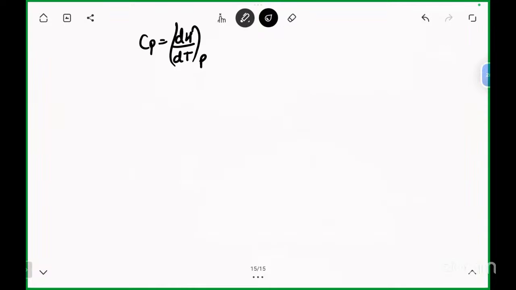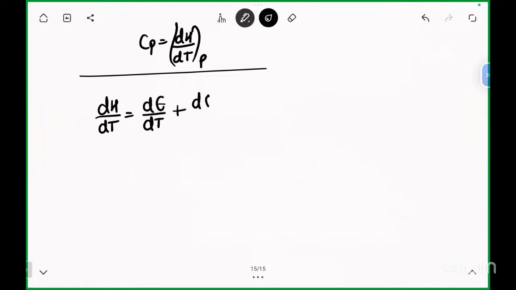Now see, you have the Cp value and the Cv value, with just a little bit of change. Just take the value of dH over dT, which is equal to dE upon dT plus d(PV) over dT. And from the ideal gas equation, we know PV equals nRT, and here n is equal to 1.